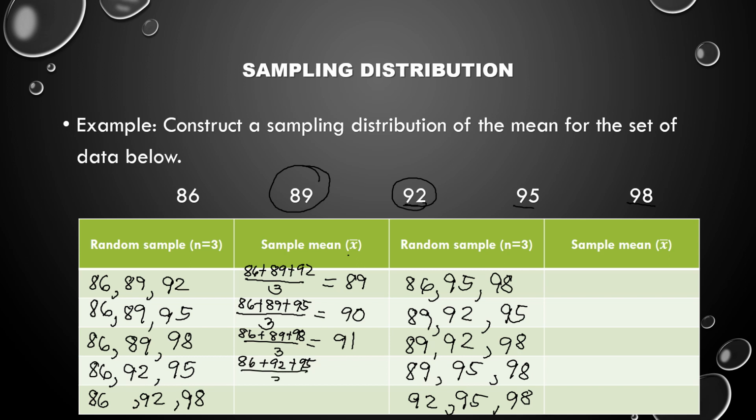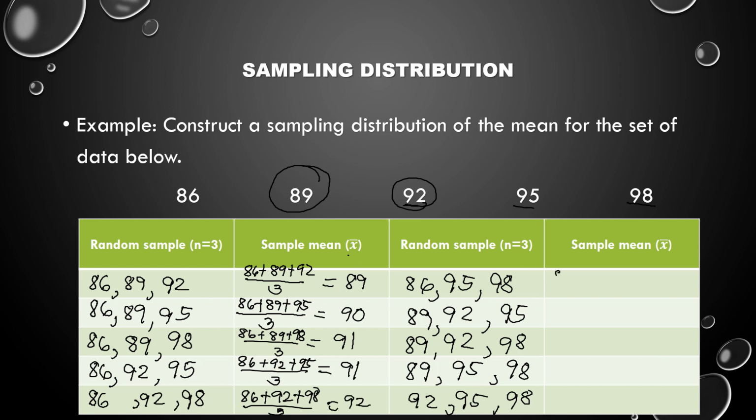We divide that by 3. This is equal to 91. Next one, 86 plus 92 plus 98. We divide that by 3. That will be equal to 92.